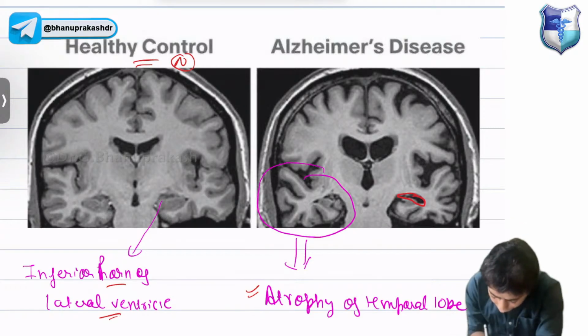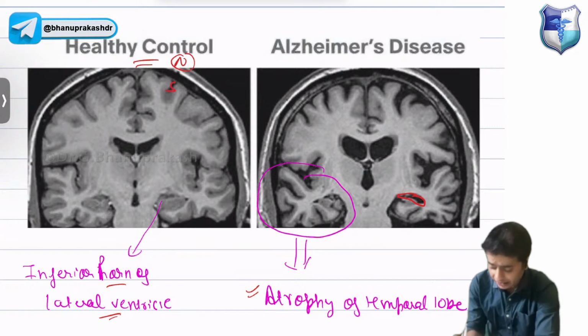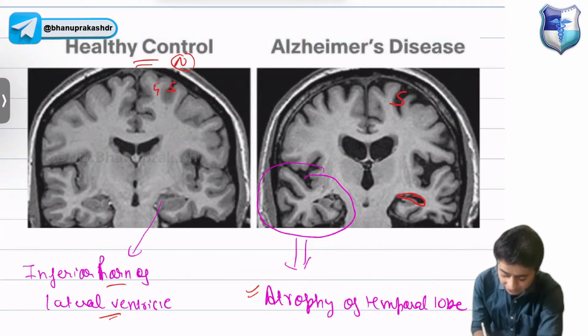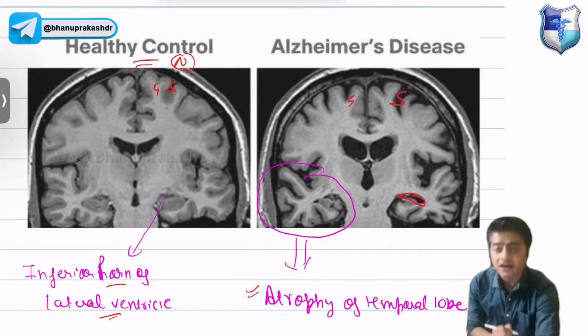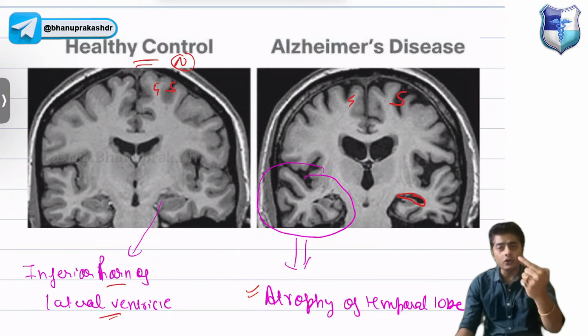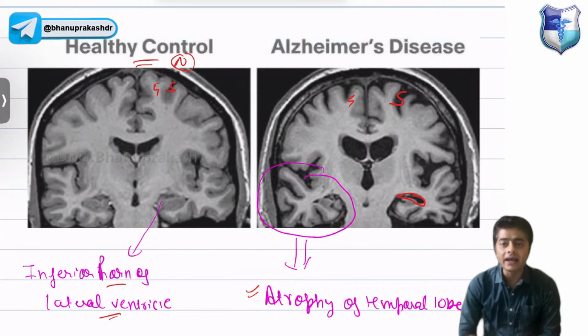See these sulci, how widened they are, and see the gyri, how thin they have become in this diagram. So when you are seeing an MRI or CT scan, what will you notice? Sulci widening.